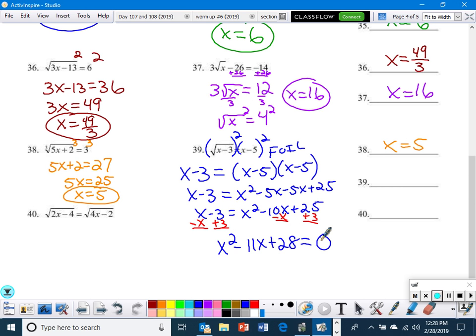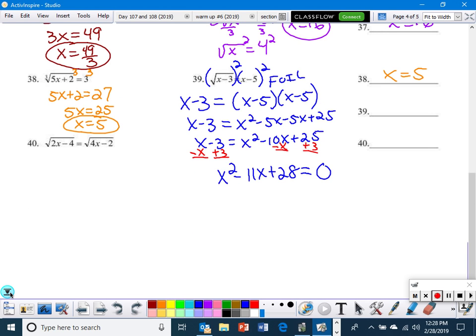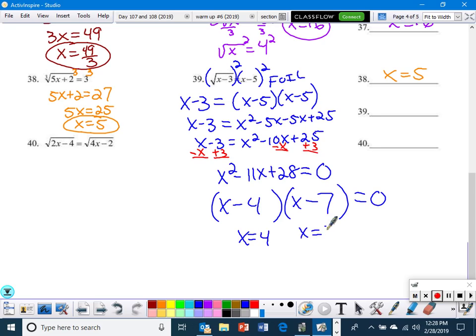Okay, now we have to factor. Let me move the board. Factors of 28 that add up to negative 11. That would be negative 4 and negative 7. Okay, two solutions, 4 and 7.